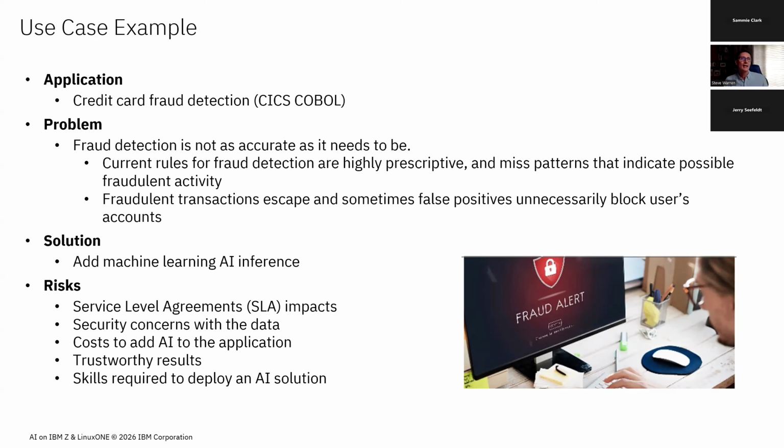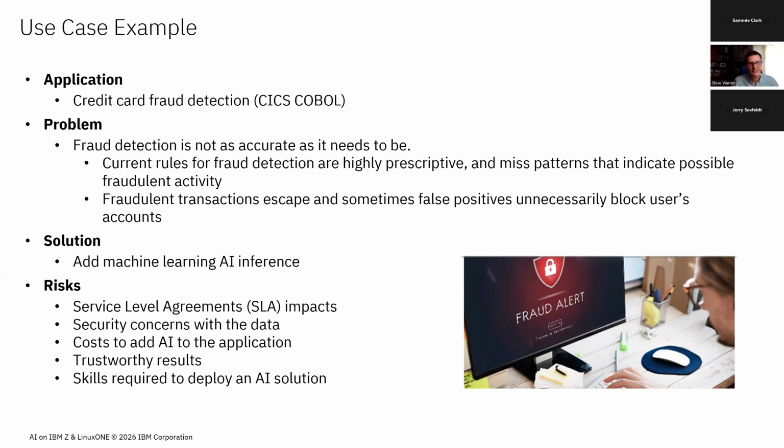Nothing more annoying than when you're traveling and your credit card doesn't work anymore when you're just doing normal activities. So it both misses fraud and the rules also mark it as fraud when it really isn't, right? So both false positives and false negatives, right?